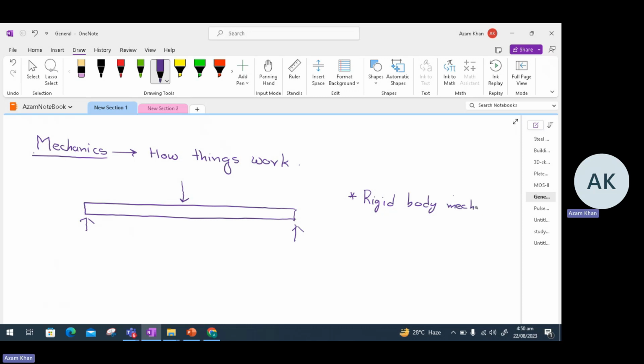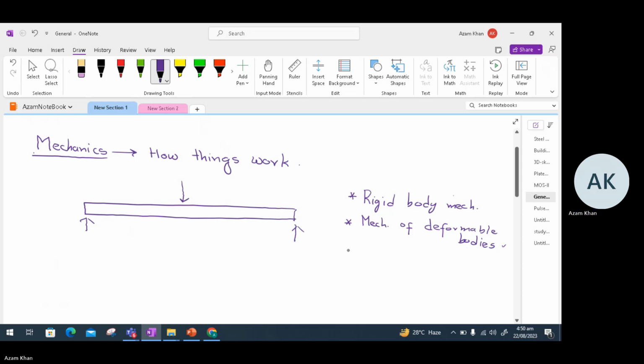This includes both statics and dynamics. Then we have mechanics of deformable bodies. Whatever we did in mechanics of solids one and whatever we do now belongs to mechanics of deformable bodies.